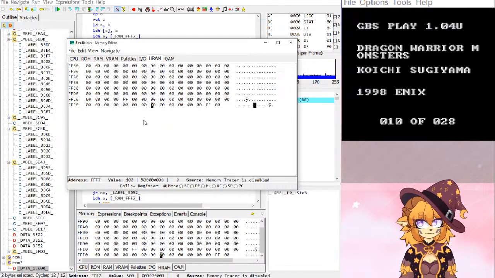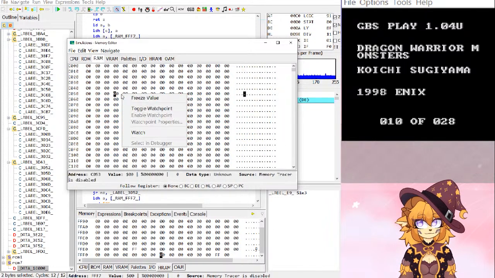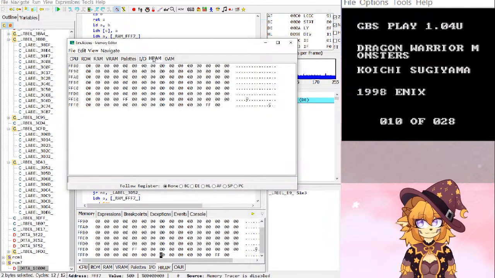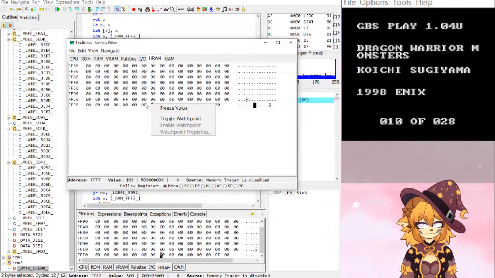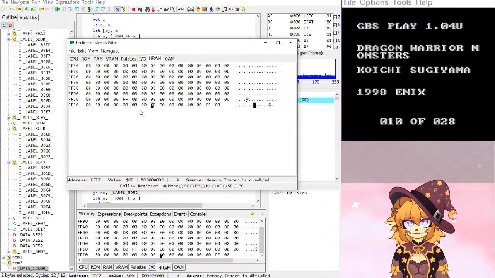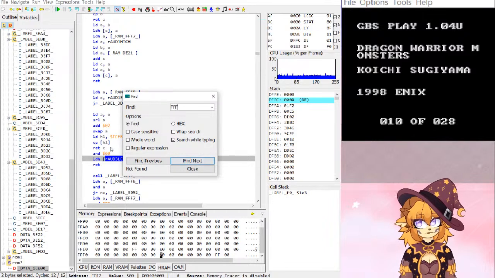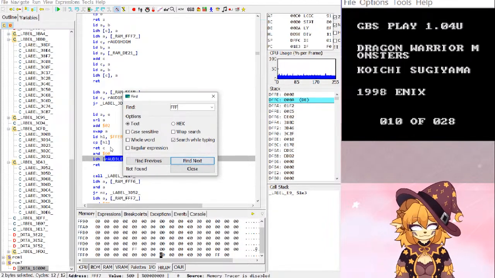Oh, you can do selecting debugger from here, but not from the other window, for references. Whatever. FF17.